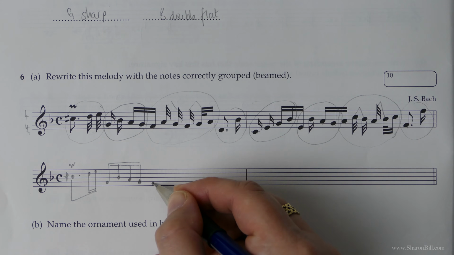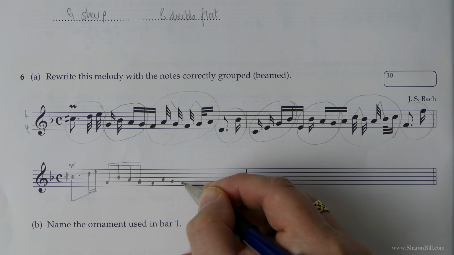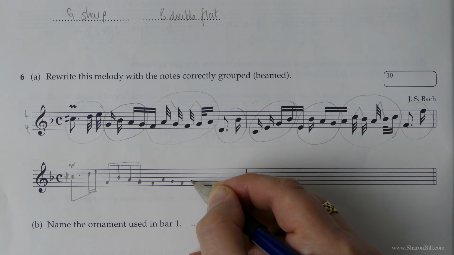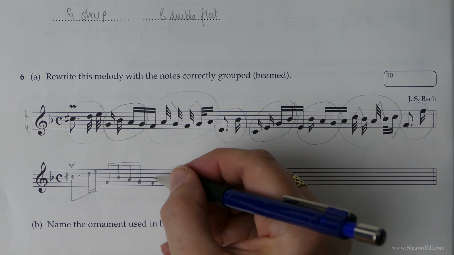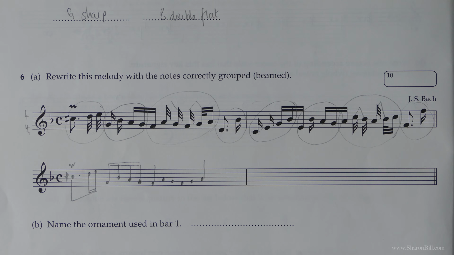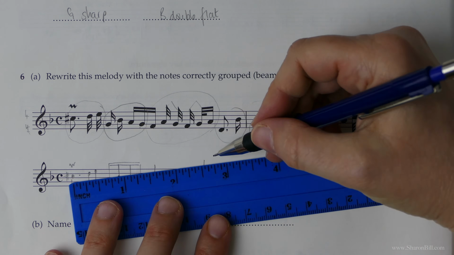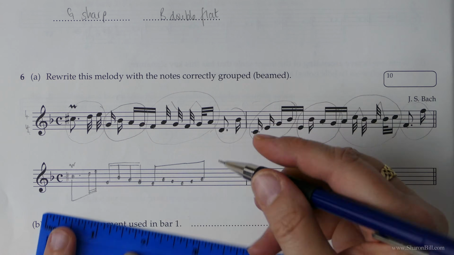We've got the F, up a third, down a step should take us back to the F, up a step. So here these all belong together. There's a slight upward movement, so I'm just going to generally give a bit of a diagonal to the beam to show that the overall direction is up.